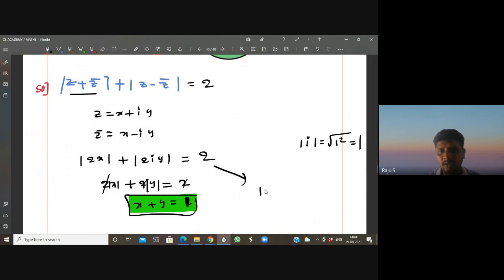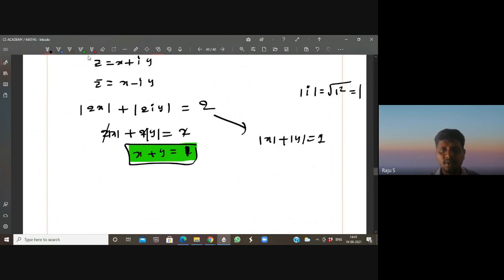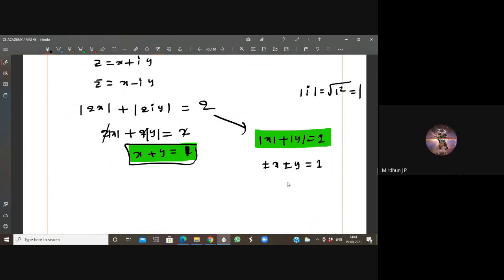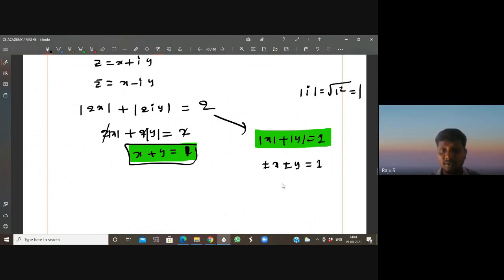From this, I write modulus x plus modulus y is equal to 1. Is that clear, students? When we remove the modulus, we write plus or minus x plus or minus y is equal to 1. How many equations are we going to write here? 4 equations. So it will represent 4 lines, these are the line segment equations.